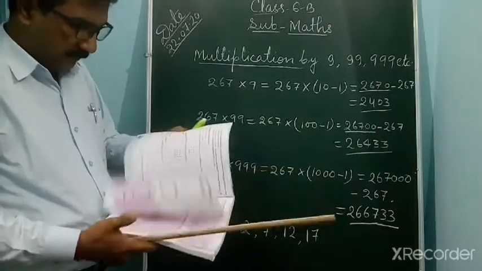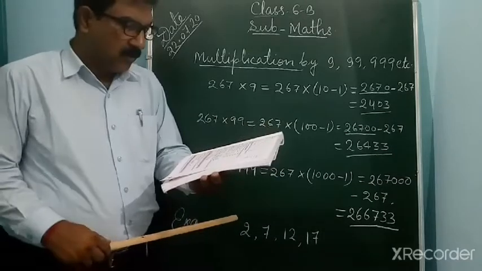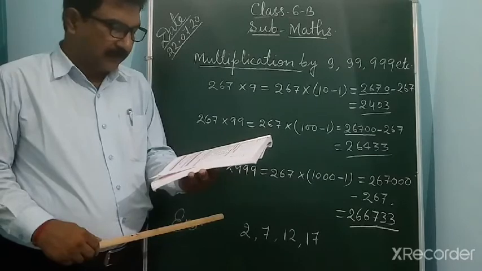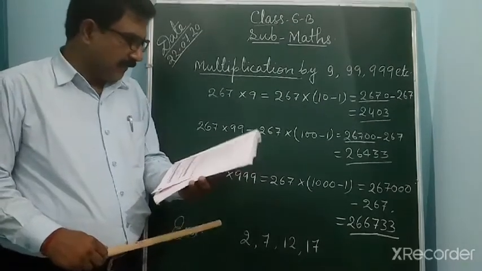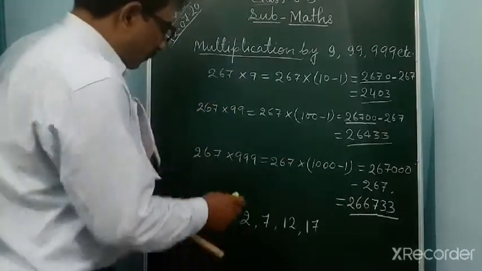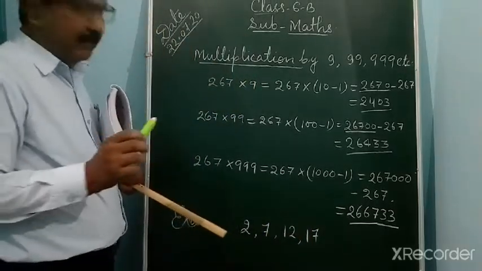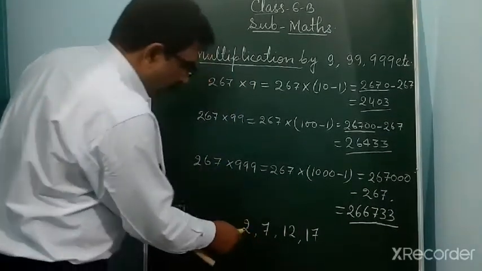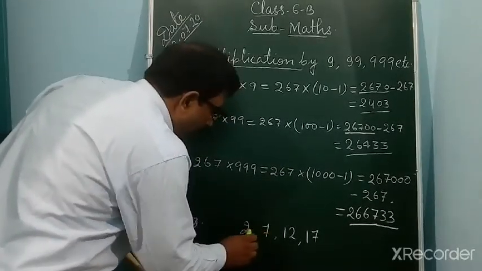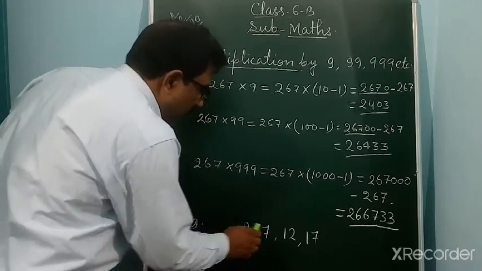As example 12, identify the pattern in the sequence 2, 7, 12, 17 and write the next 3 terms. The question is given as pattern 2, 7, 12, 17. So firstly, you find out by which number it is increasing. So you see 2, 7, if you take a difference, 7 minus 2, it will come 5.